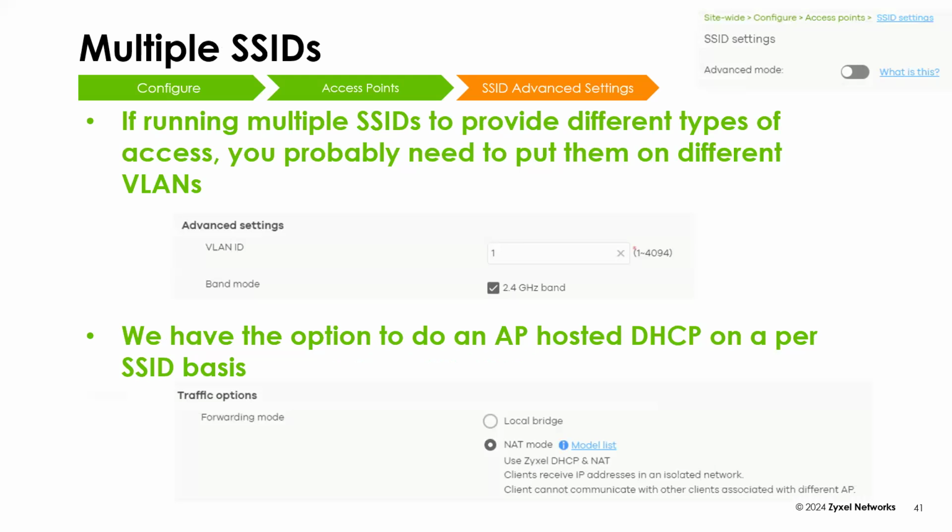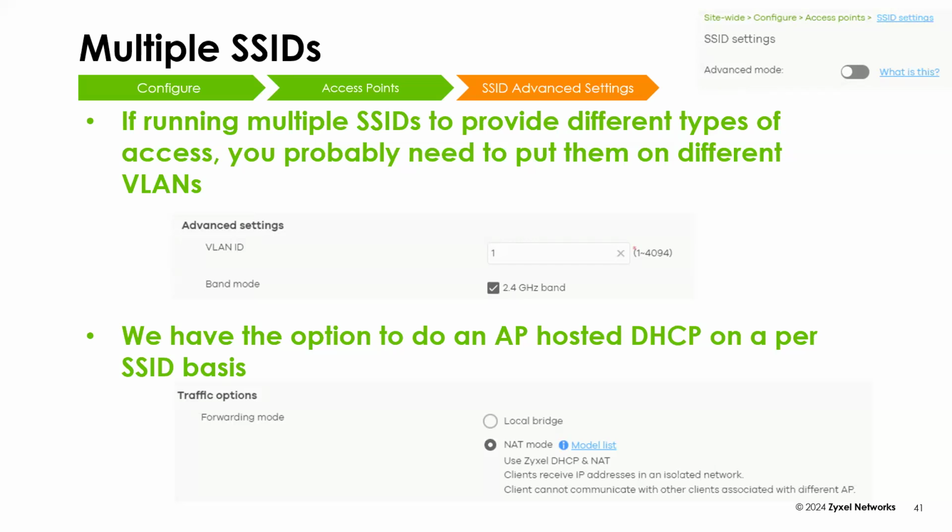So multiple SSIDs. A key thing here is if you're using multiple SSIDs, you should be putting them on different VLANs, right? There's really not much point of using multiple SSIDs if they're not going to be on different VLANs, but we have run into this where users set up multiple SSIDs, a guest network, a sales network, a warehouse network, an admin SSID, and then they're all on the same VLAN so they can all see each other.